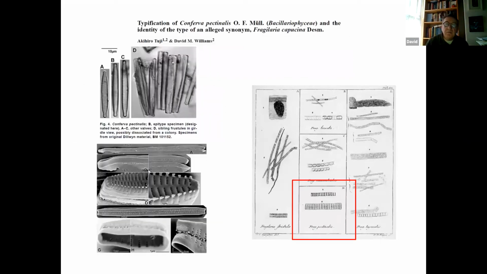Here, my co-author and good friend Aki Tuji put in all the heavy lifting for this, discovering some of those specimens, being able to look at them in the light microscope and in the electron microscope, so we could have some better idea of what they look like. So, bringing the past to the present, if you like.